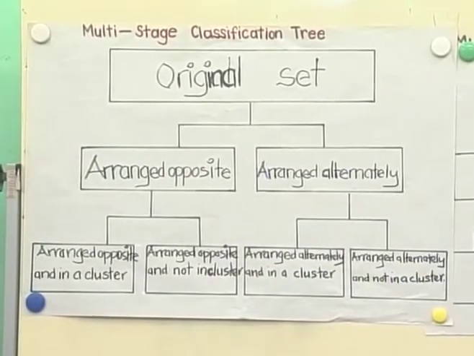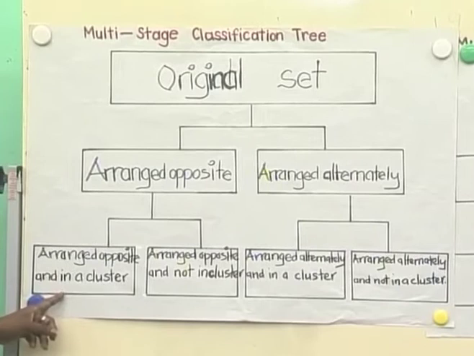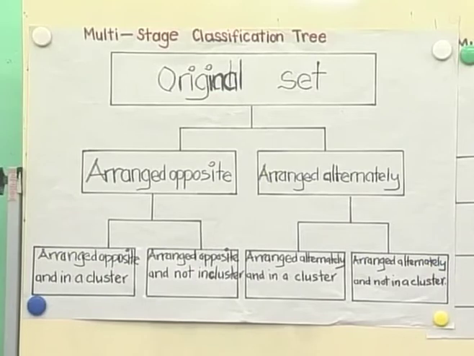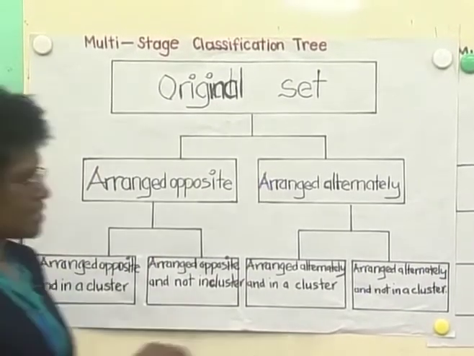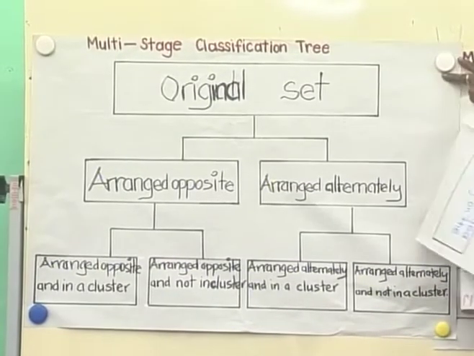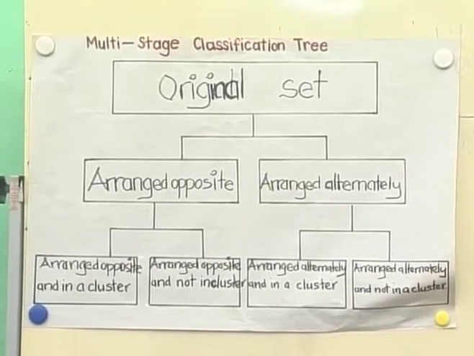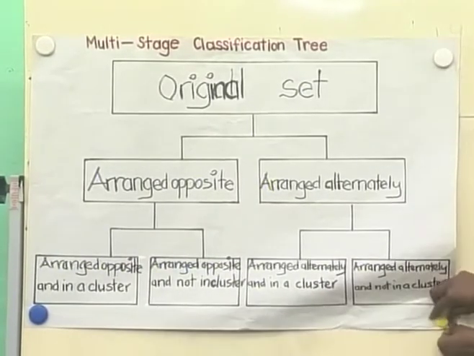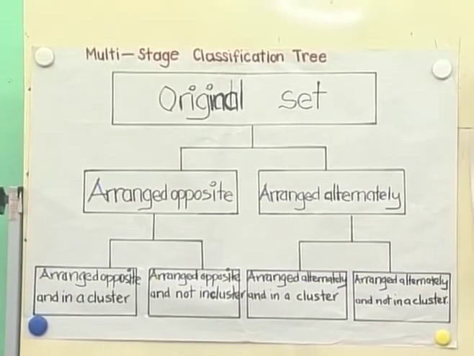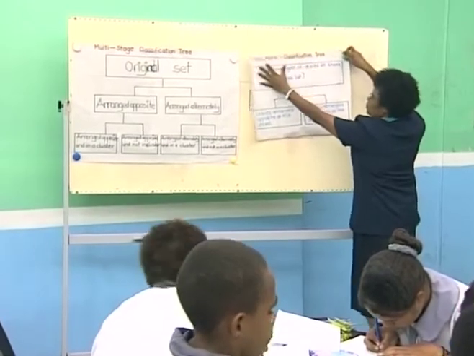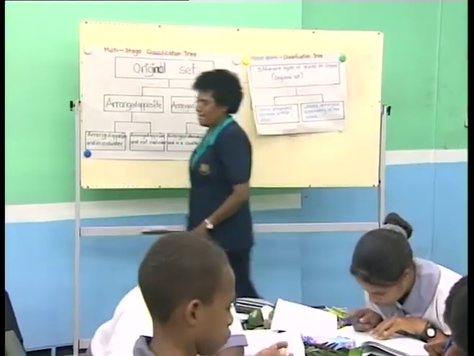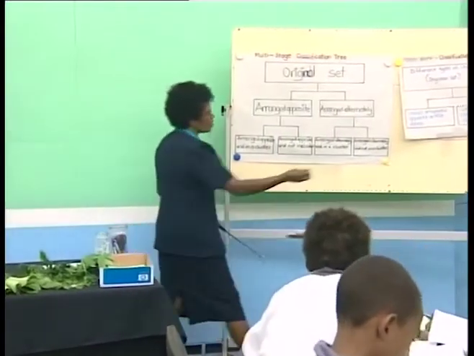Now, I'd like you to have a look at that tree we have done. This is multi-stage classification, and the one we did in the previous lesson, which is binary classification. I'd like you to see the difference between those two classification trees.